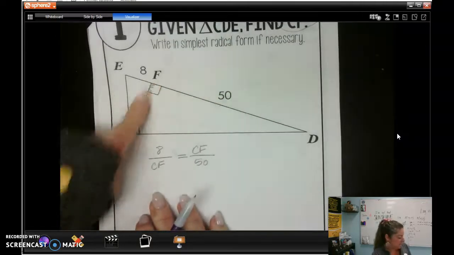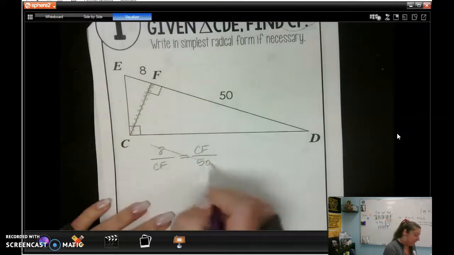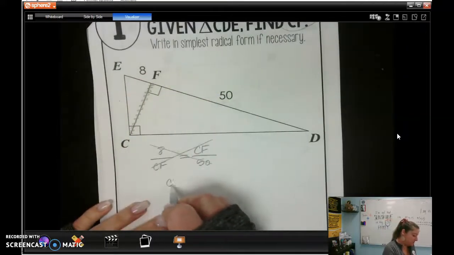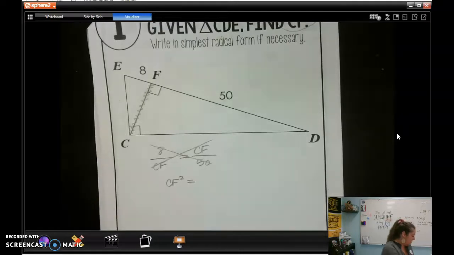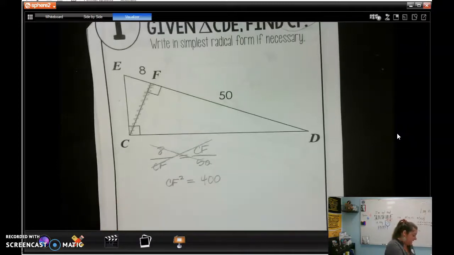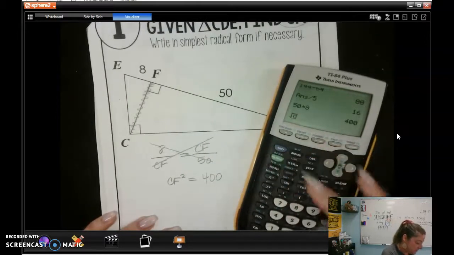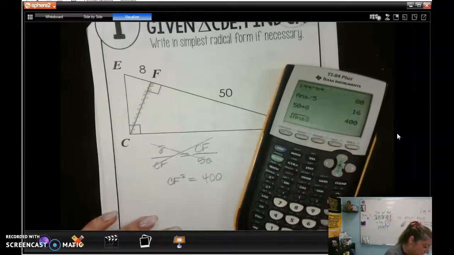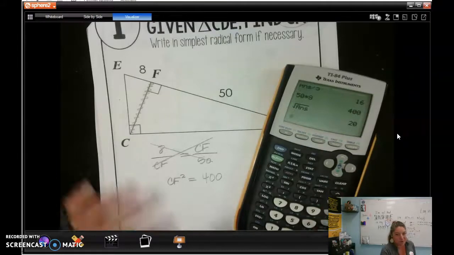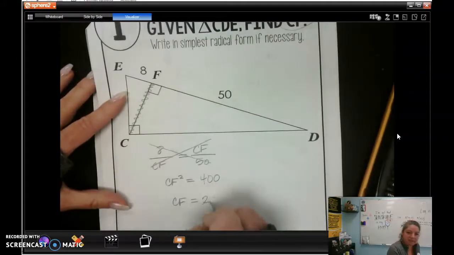As you do some cross multiplying, you end up with CF squared equal to 400. Lucky for us, when you do the square root of 400, you get a nice pretty number. It's not a decimal, and so we are done. CF is going to be 20.